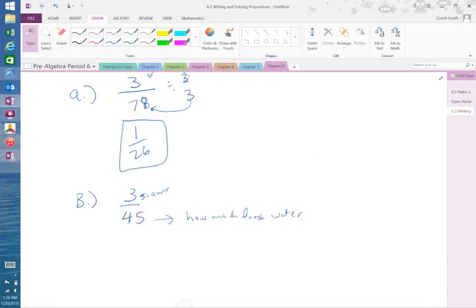This number right here represents 3 plus some number that will equal 45.